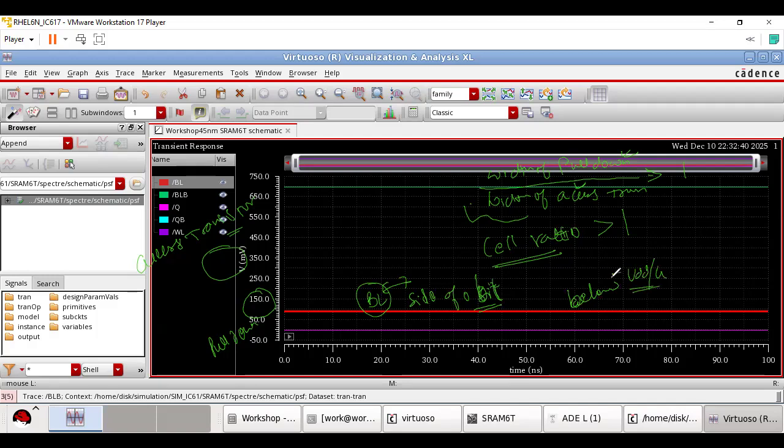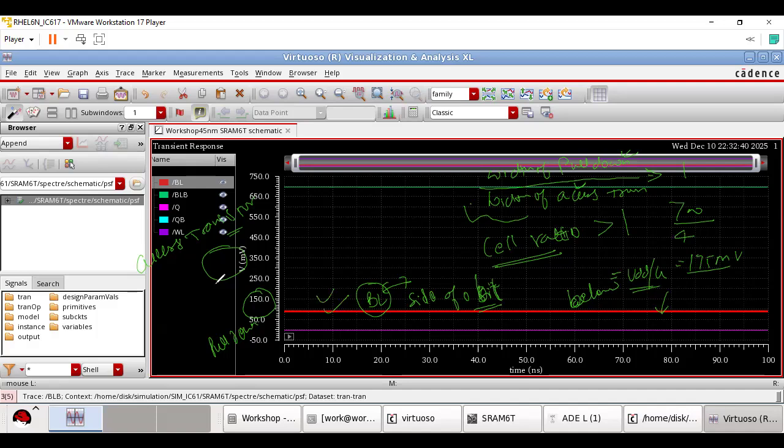Below or somewhere equal to. Your potential was initially 700, right? So 700 by 4 is around 175 millivolts. So it is below 175 millivolts, right? So that's the case.